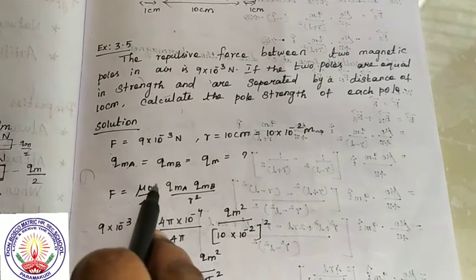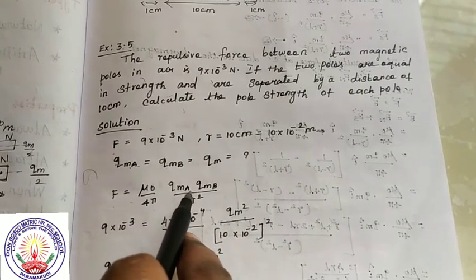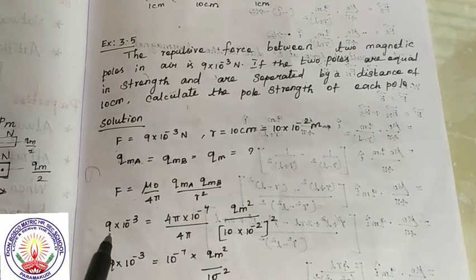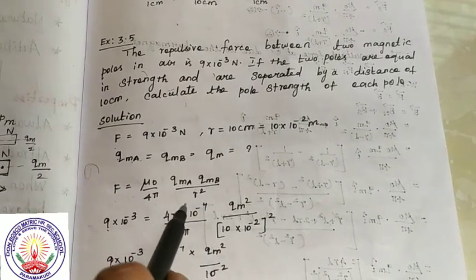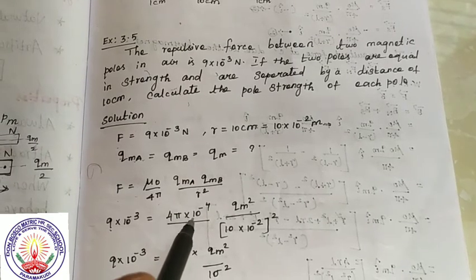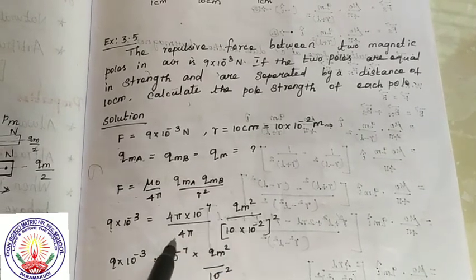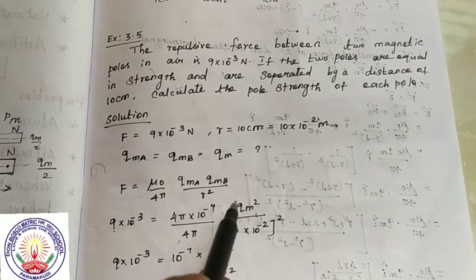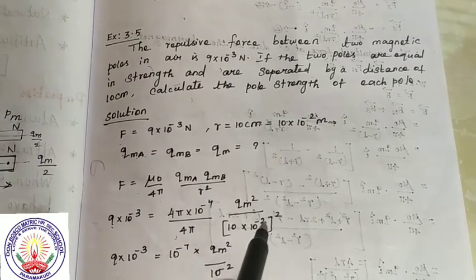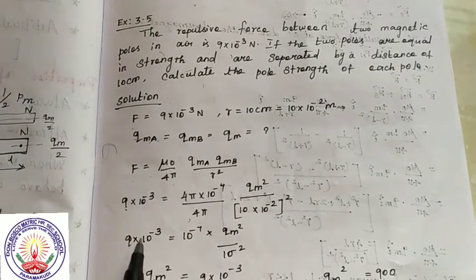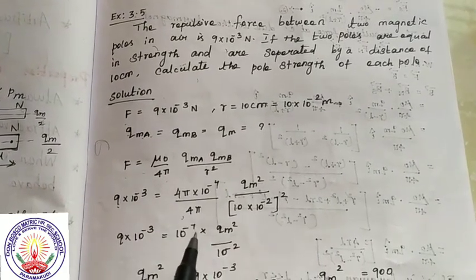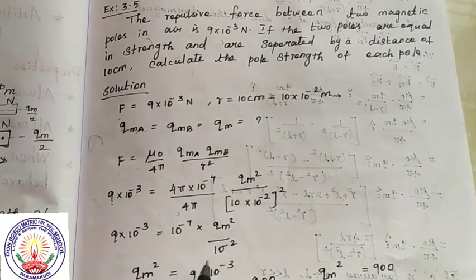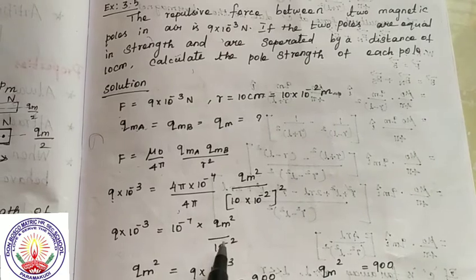So F is equal to mu naught by 4 pi QMA QMP by R squared. Substitute the values. We know mu naught by 4 pi is 10 to the power minus 7, divided by... 4 pi into Qm squared by R, whose value is 10 into 10 to the power minus 2, the whole square. Next, the 4 pi gets cancelled. The remaining term is 10 to the power minus 7 into Qm squared by 10 to the power minus 2.